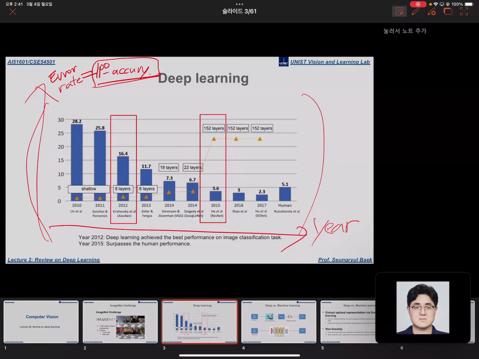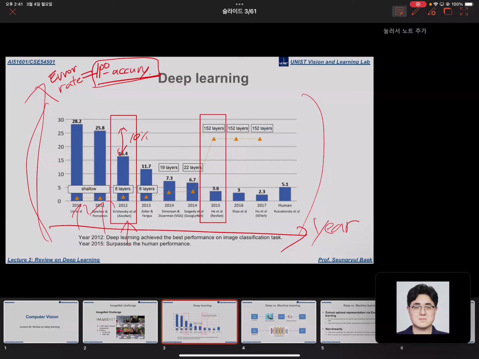In 2010 and 2011, the best performing algorithms were based on SVM, which is a shallow learning algorithm. But in 2012, the deep learning approach recorded the state of the art. It performed best, and it exhibited a 10% gain.